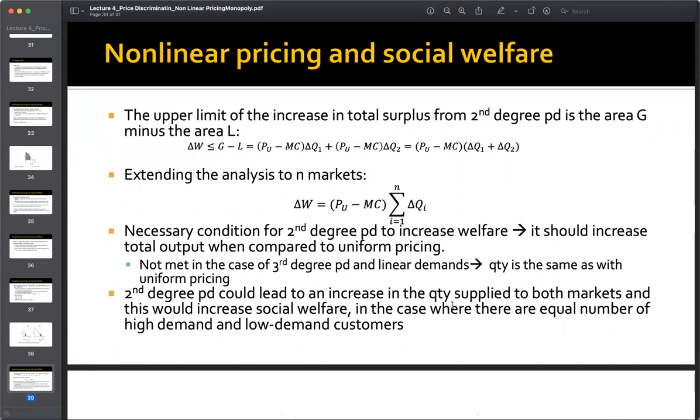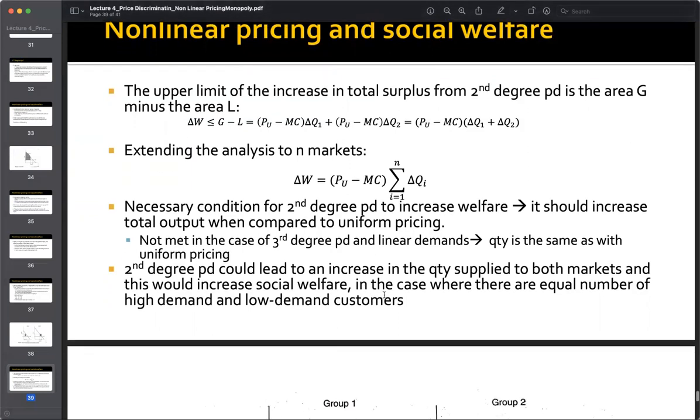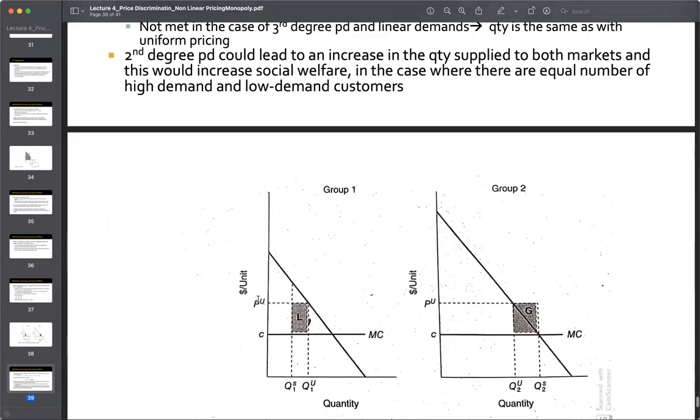And this is the kicker here: it would increase the quantity supplied to both markets, especially in the case when there are equal numbers of high demand and low demand consumers. So the total change in quantity would rise in the second degree price discrimination case versus the uniform if there are equal high demand and low demand customers.